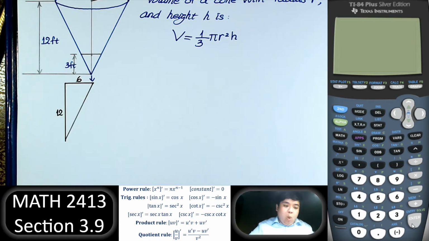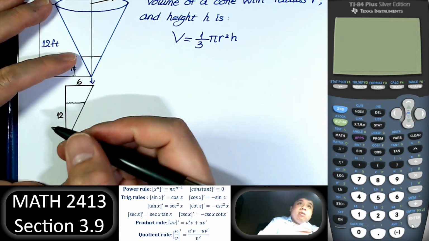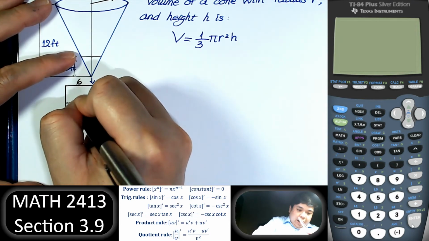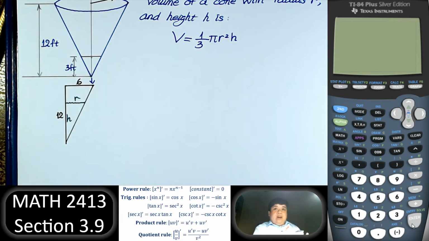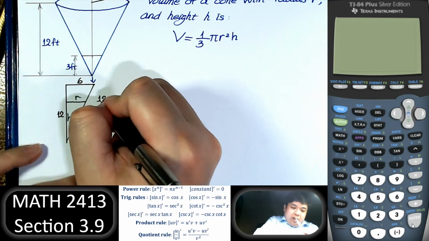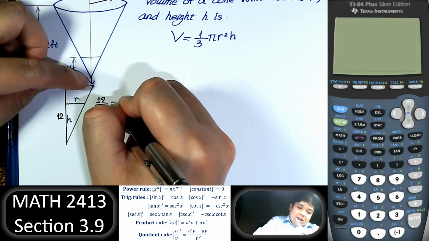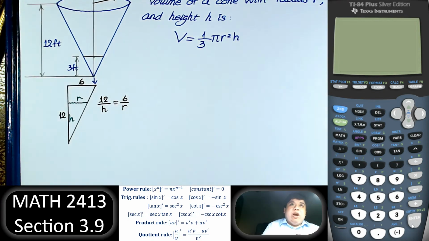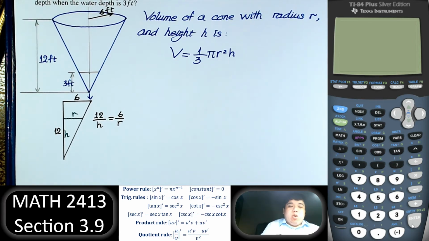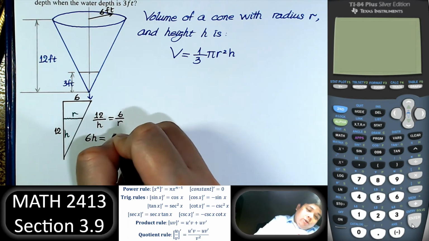So when the water level is at any time for H and R, we have a similar triangle, right? So a similar triangle gives us 12, the whole thing divided by H is the same thing as 6 divided by R. So ratio and proportional, in this case, similar triangle. Cross multiply: 6H is equal to 12R.